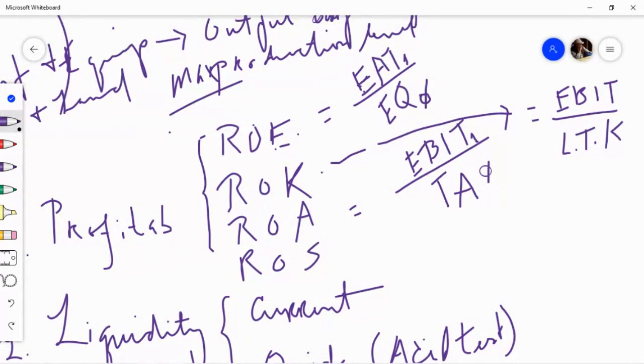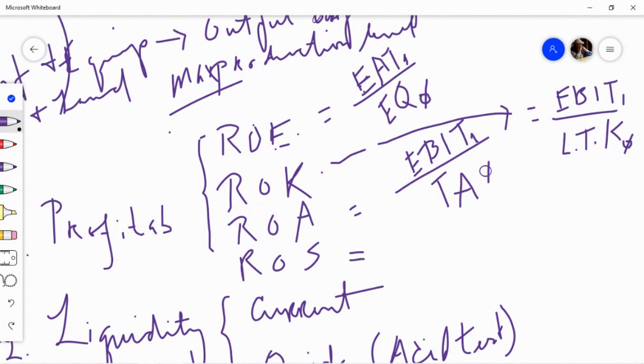And of course, the EBIT we are talking about is EBIT at time 1 and long-term capital at time 0.